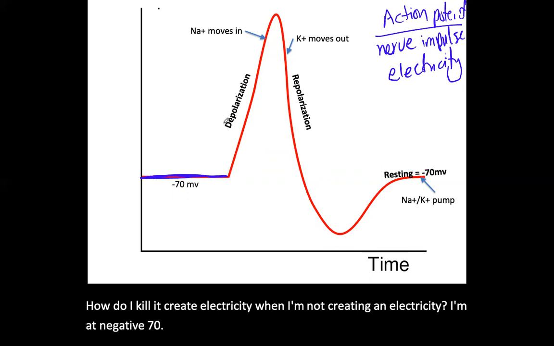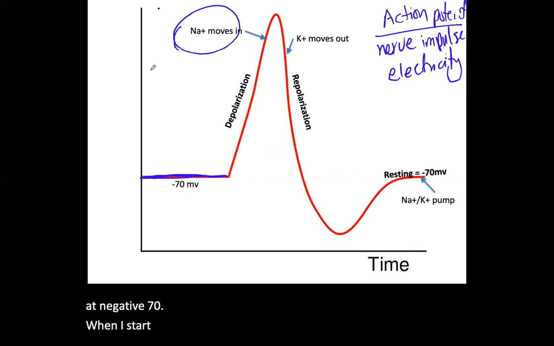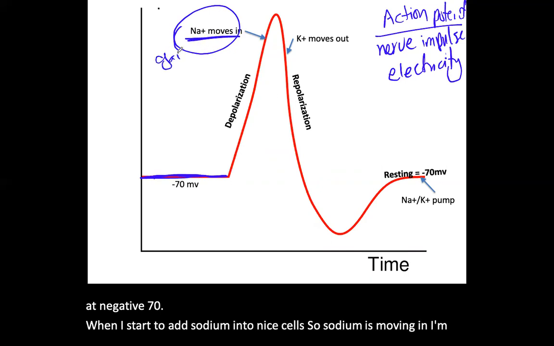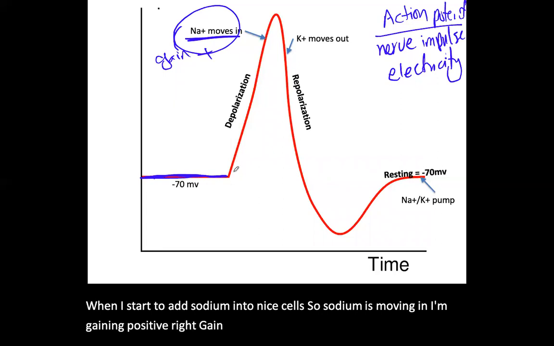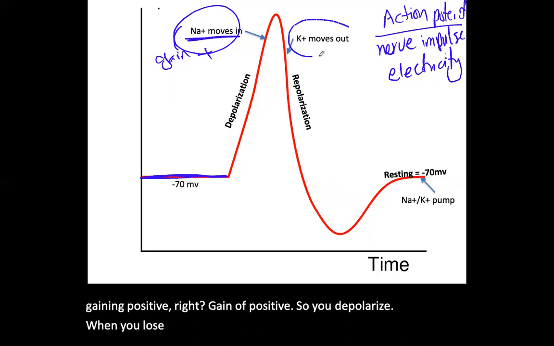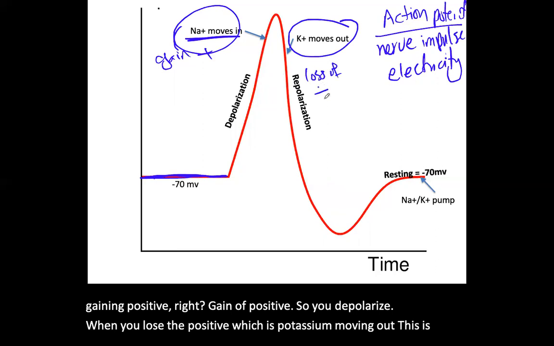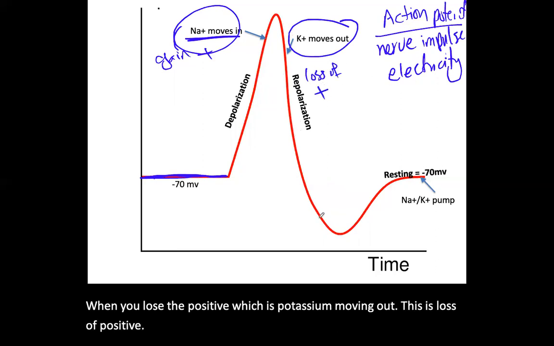When I start to add sodium into my cell, so sodium is moving in, I'm gaining positive, so you depolarize. When you lose the positive, which is potassium moving out, this is loss of positive, then you repolarize.